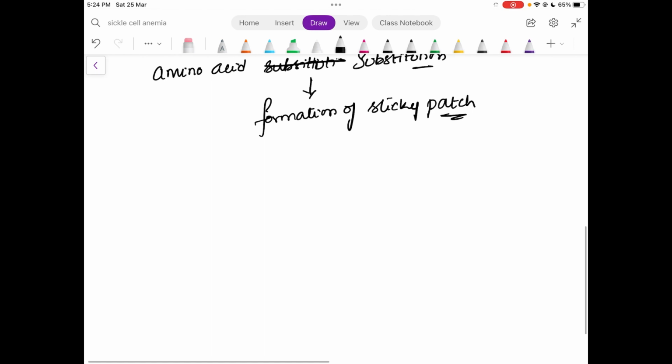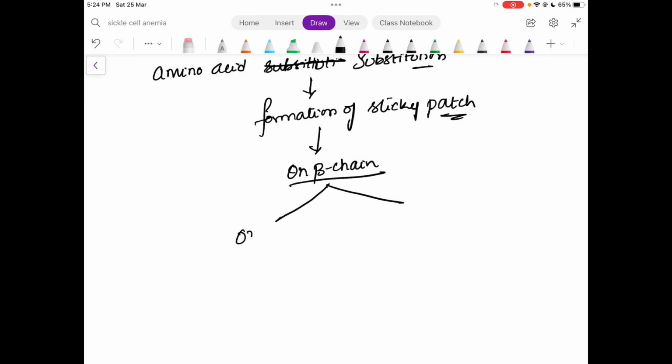This sticky patch will be seen on beta chain in both oxyhemoglobin and deoxyhemoglobin.